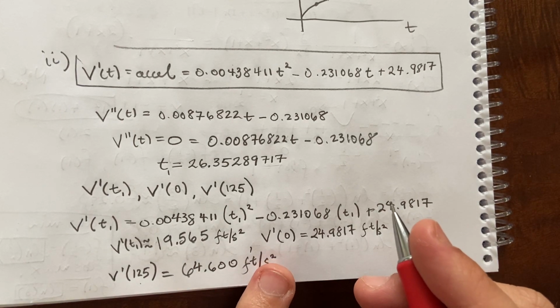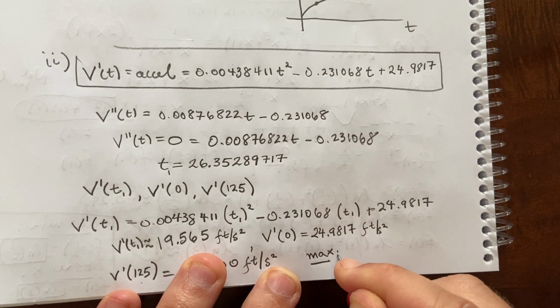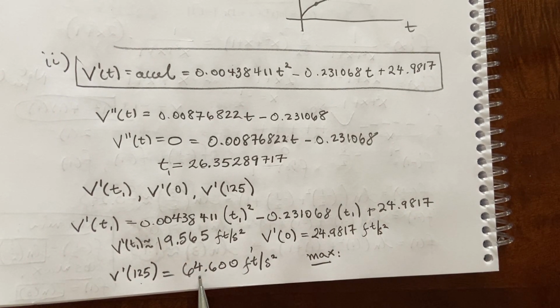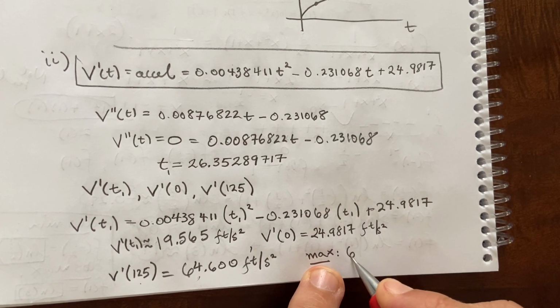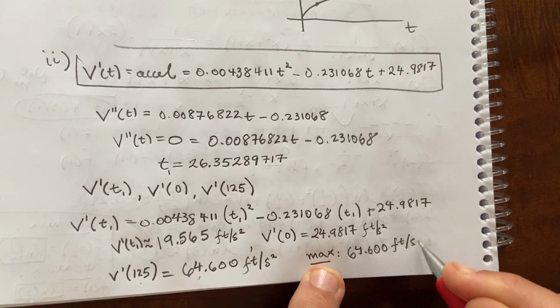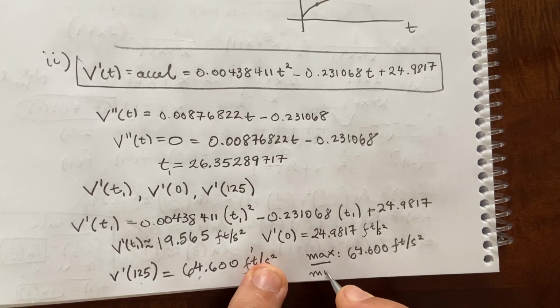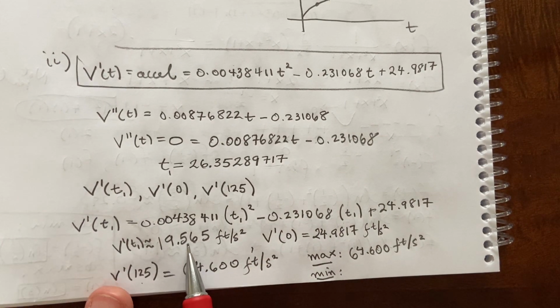So the max would be this one, this last one that we just found. So about 64.600 feet per second squared. And the min would be this value here.